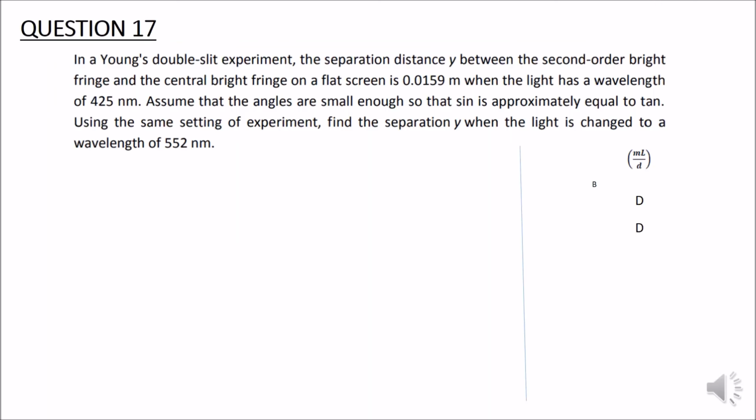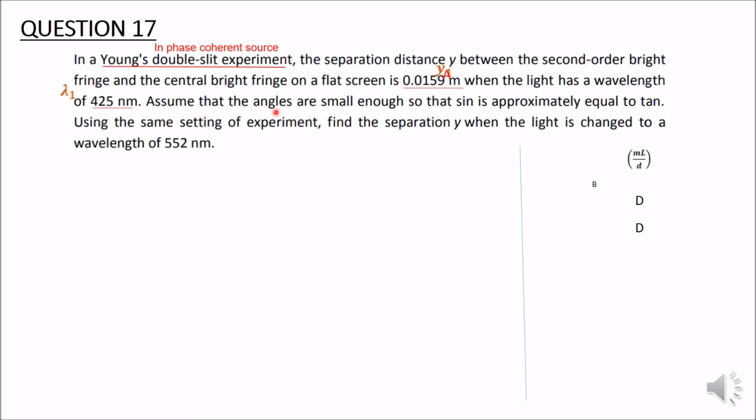Question 17. In a Young's double slit experiment, it always produces in phase coherent sources. The separation distance y between the second order bright fringe and the central bright fringe on a flat screen is 0.0159 meter. This is y_A, when the light has a wavelength of 425 nanometer, this is lambda 1.